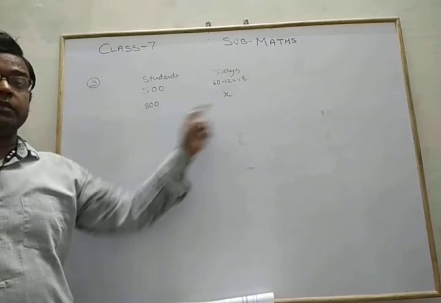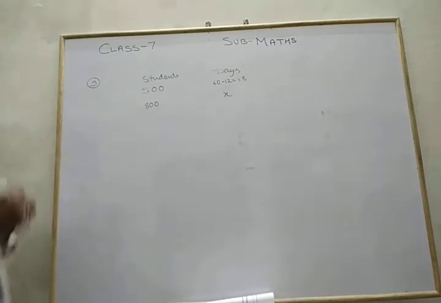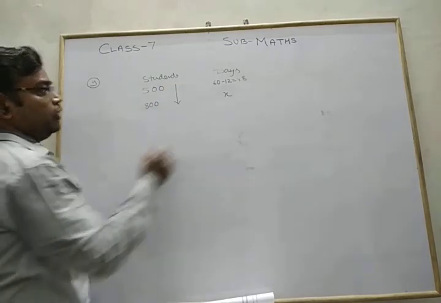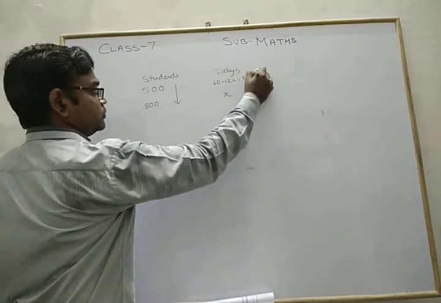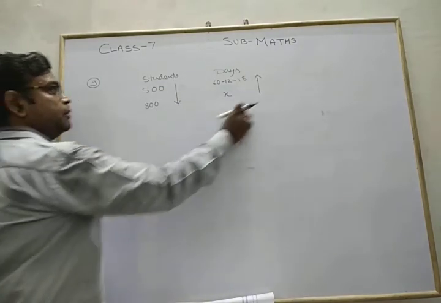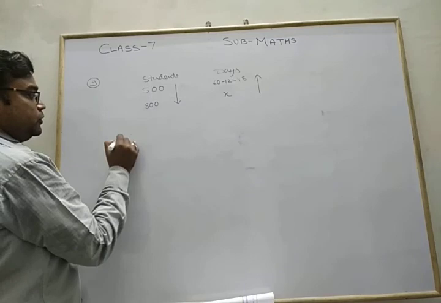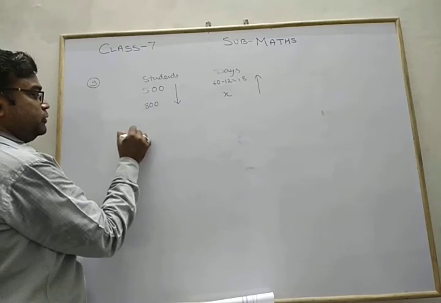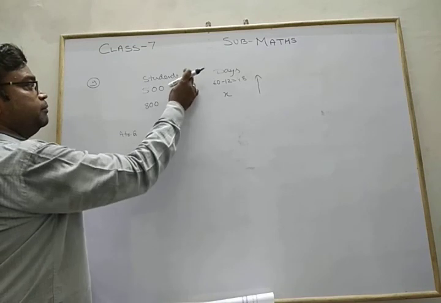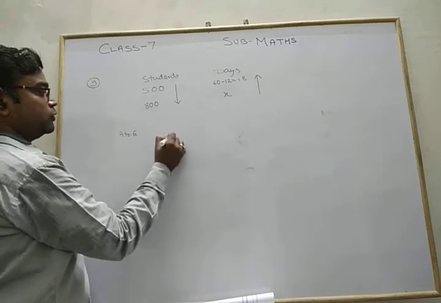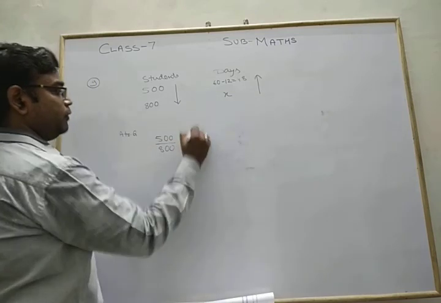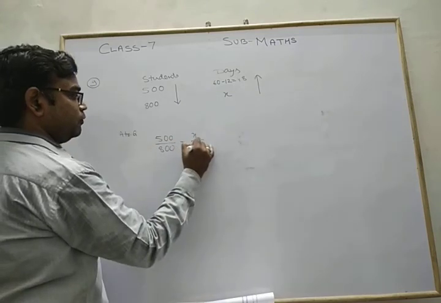So in this case, we have indirect variation. In case of indirect variation, we use opposite-direction arrows. Means what? If the number of students increases, the number of days decreases. So according to the question, we can write down: 500 is at the back side of the arrow, so it is the numerator, upon 800. Again, back side of the arrow, x upon 48.